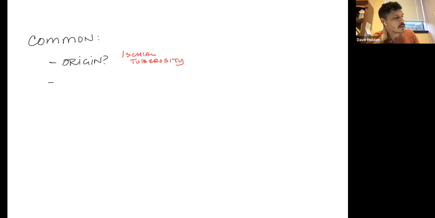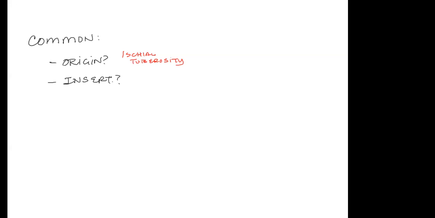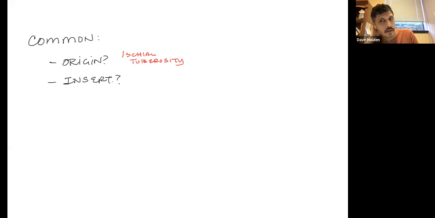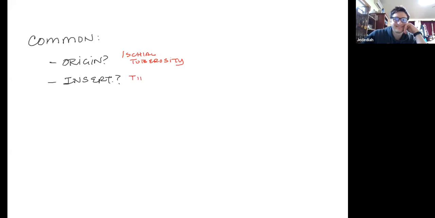Which group of muscles shared a common insertion? Quads. And the common insertion for the quads is the tibial tuberosity. Thank you.